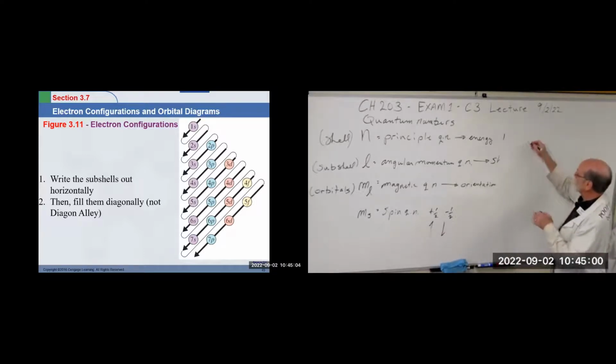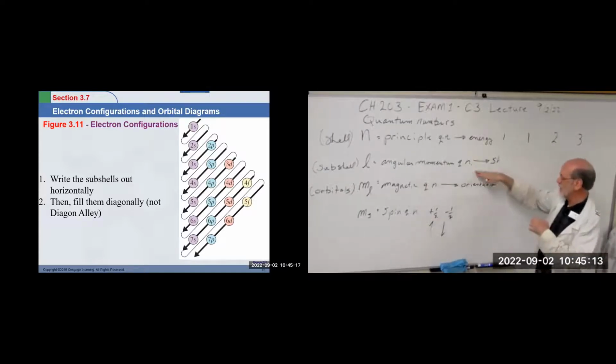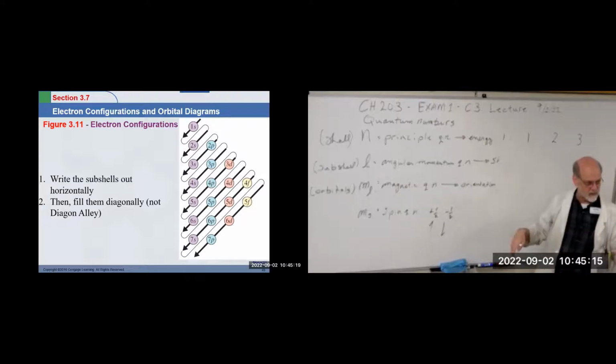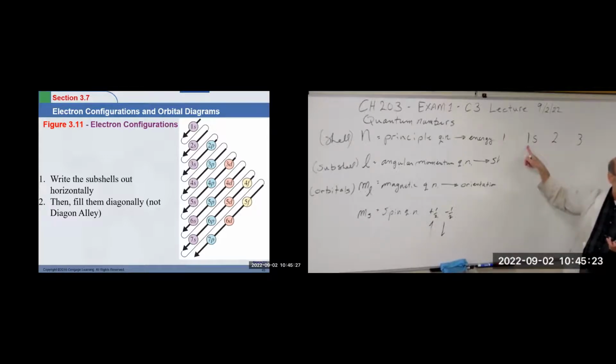So you put the number first, like that, 1. Or if you're in the n equals 2, then it would be 2. Or if it's 3, you put 3. Okay. Then the next level is going to be the L numbers, or the S, P, D, or F. So you can go like this, right? So can we go any higher than that one? No, because you can only have n minus 1, right? So you have S, that's it, for the first quantum number.